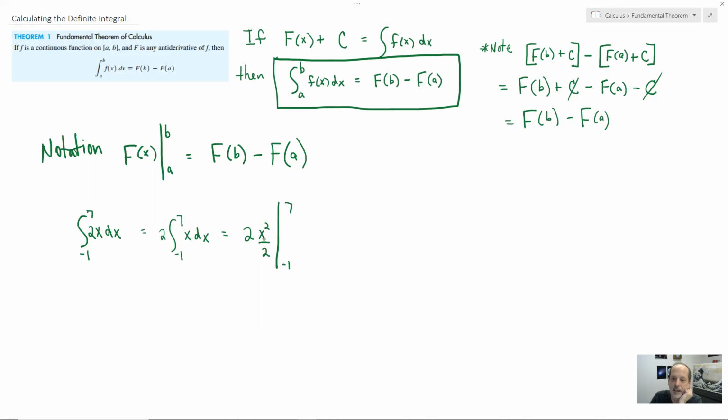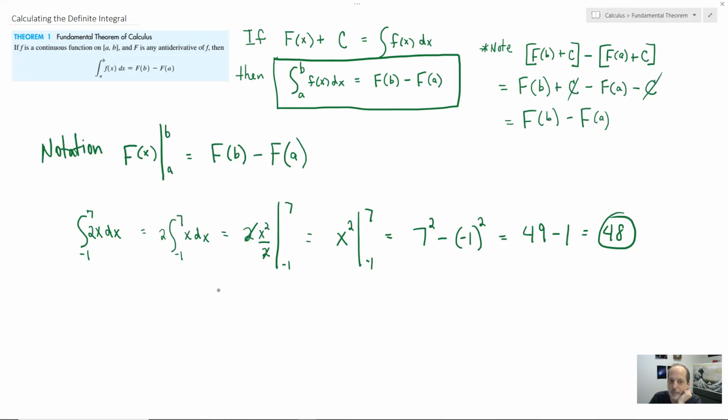I've now figured out capital F because it's the integral. And then the 2 over 2 is just 1. So really this is just x squared running from -1 to 7. And now I'm just going to take 7 squared minus (-1) squared to get my result. So that's 49 minus 1 equals 48.